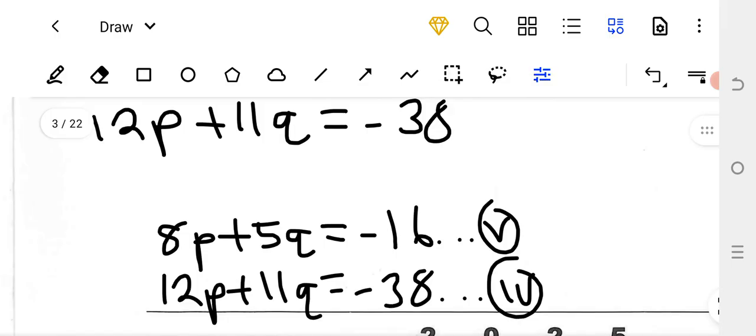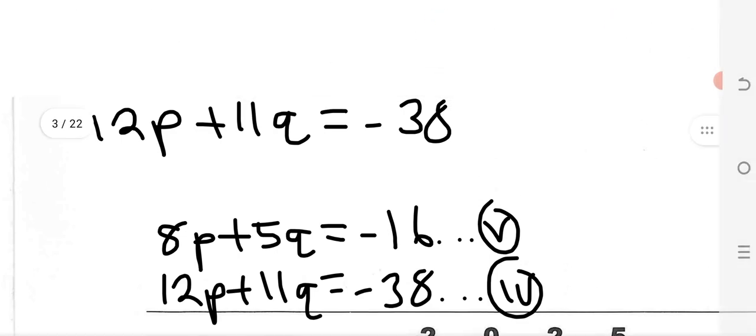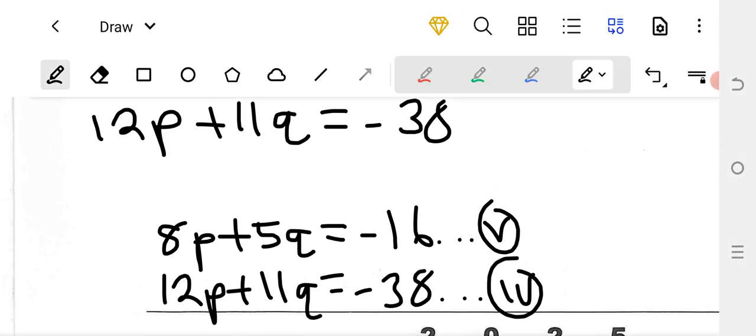So 12p plus 11q is equal to negative 38. That is what we have formed as our equation 5.